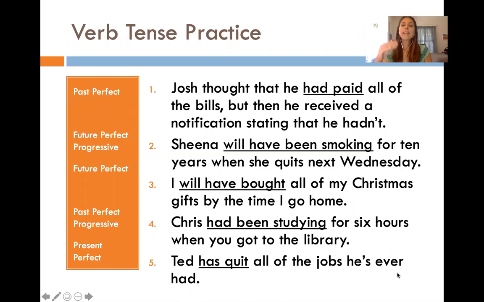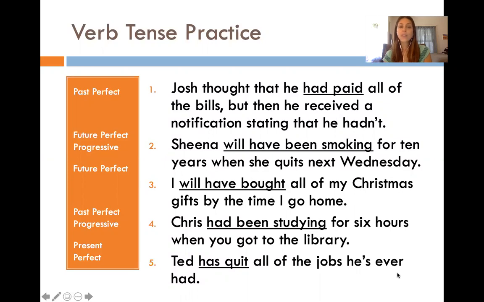But when she quits next Wednesday, so next Wednesday we know is the future, and then we have the time frame for 10 years, so we know that it's going to be the progressive. So by the time it's next Wednesday, she will have been smoking for 10 years.